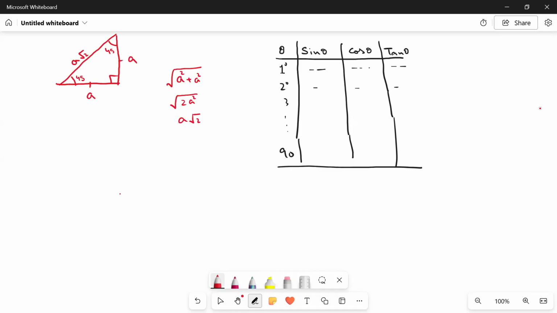This is very interesting. So the ratio of opposite to hypotenuse in this 45-degree triangle is A to A times under root 2. This is a very interesting observation, or discovery, we can call it.